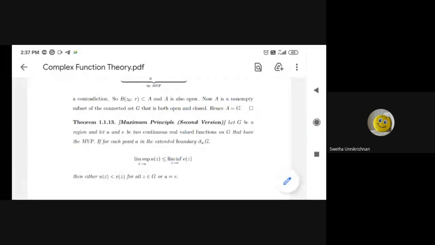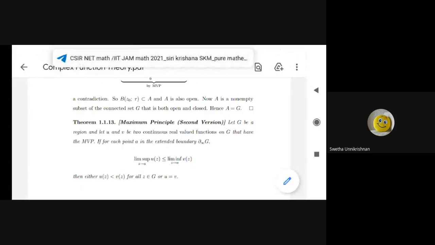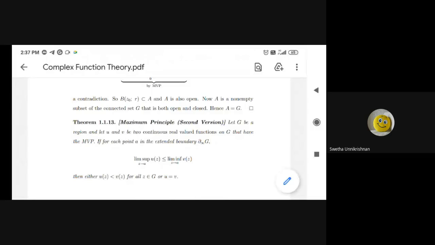If for each a in the extended boundary del infinity of G, the limit superior of u of z as z approaches a is less than or equal to the limit inferior of v of z as z approaches a, then either u of z is strictly less than v of z for all z belongs to G, or u equals v. This is our statement, and now we are going to prove the theorem.